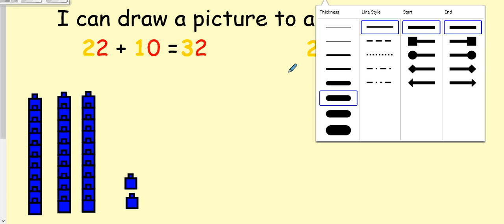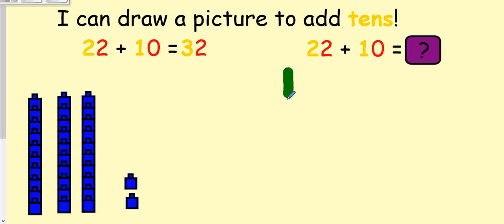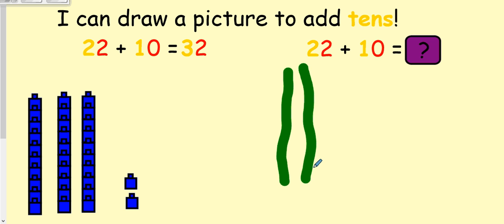So 22 has two 10 sticks, so I'm going to draw 1, 2 10 sticks for the two 10s here in the tens place. 22 has two ones, so I'm going to draw two ones. 10 has one 10, so I draw one quick 10 stick, and it has 0 ones, so I do not draw any ones.